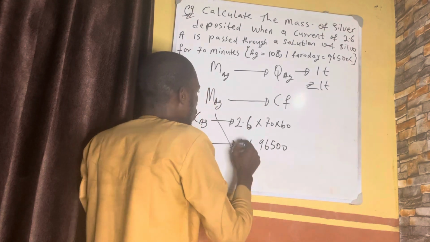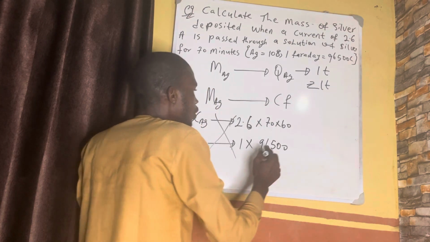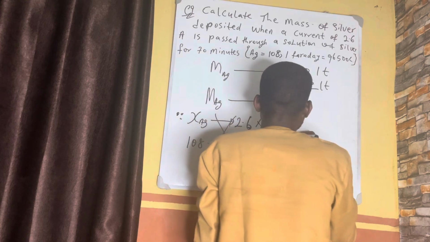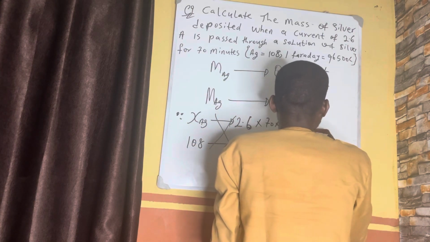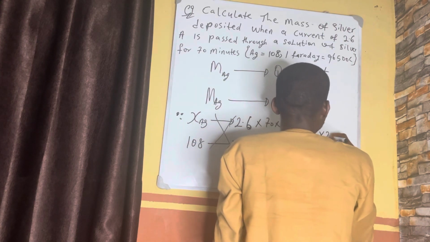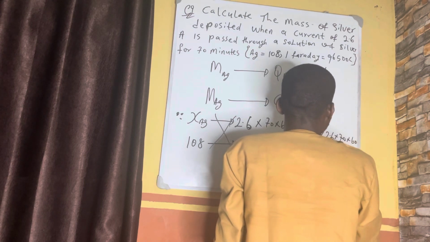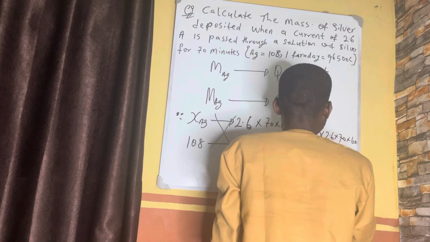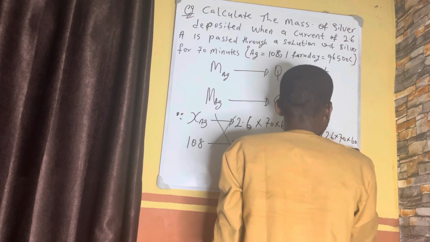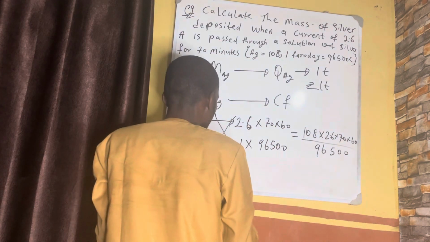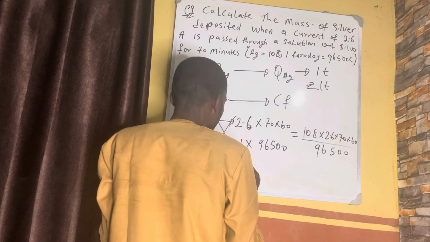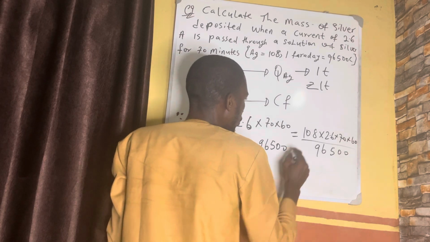So we cross and multiply, so it will be 108 times 2.6 times 70 times 60, everything over 96500 Faraday. So now our mass x grams will be equal to this times this times this.